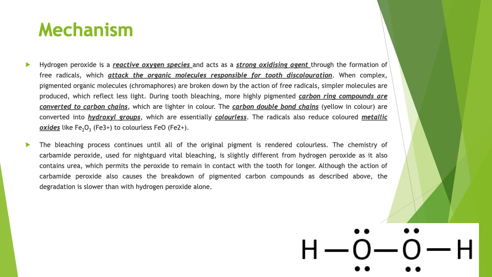So, if the chromophores or the chromogens are carbon ring compounds, they will be converted to carbon chains and double bonds, and it will also break the double bonds, converting them to hydroxyl groups, which are colorless. It will also reduce the colored metallic oxides. It will react with metallic oxide, producing colorless materials.